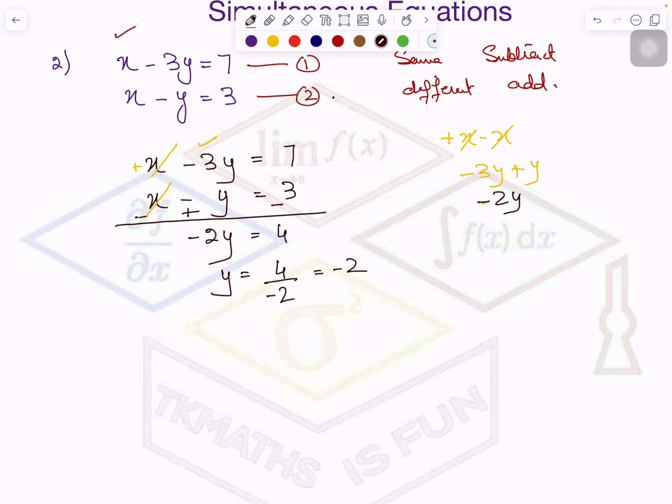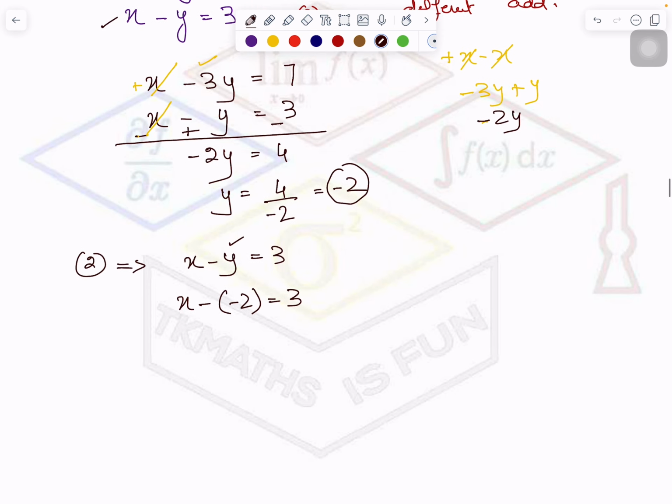Now to get the value of x, you can use any equation. Suppose I am using equation 2, this one, because it has less coefficient, so it will be easy to handle. So x minus y equals 3. The value of y is minus 2, which I will plug in here. Don't forget to put this bracket.